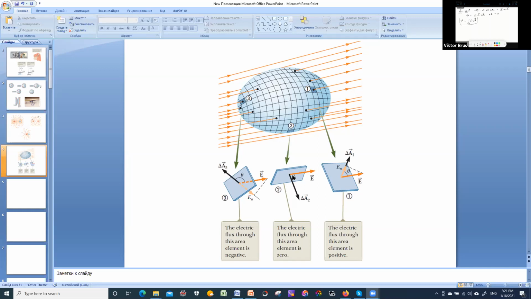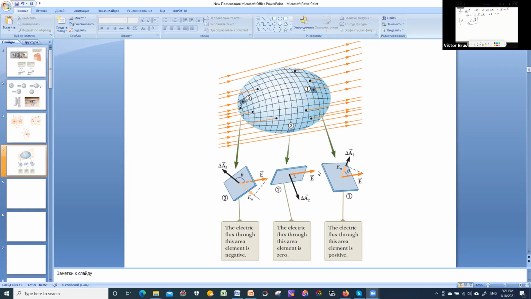And then we have another example when these vectors are oriented at right angle to each other. In this case we have zero flux, because cosine of 90 degrees, or pi divided by 2, is equal to 0.